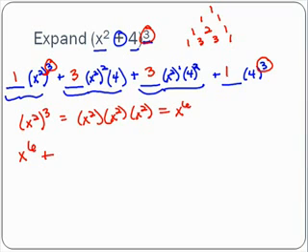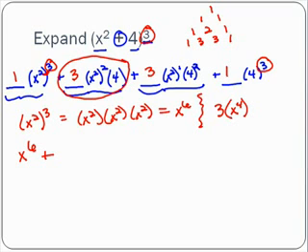My next term then, I need 3 times x squared squared, so a power to a power, that's x to the 4th, times the 4. 3 times 4 gives us 12, x to the 4th.